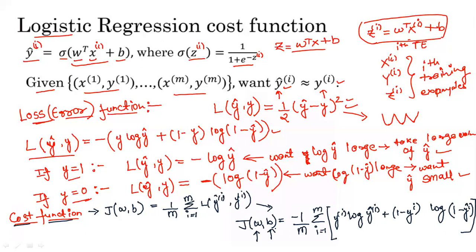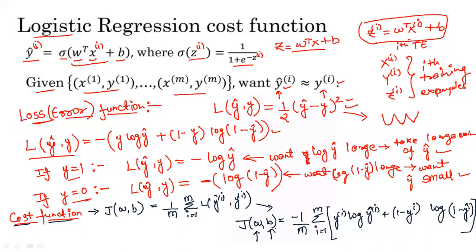Another thing that you need to keep in mind while learning about logistic regression in this video is that you need to learn about the loss function or the error function and the cost function. One difference between the loss function and the cost function is that you are defining the loss function for a single training example, where you are finding the difference between the predicted outcome and the actual outcome.